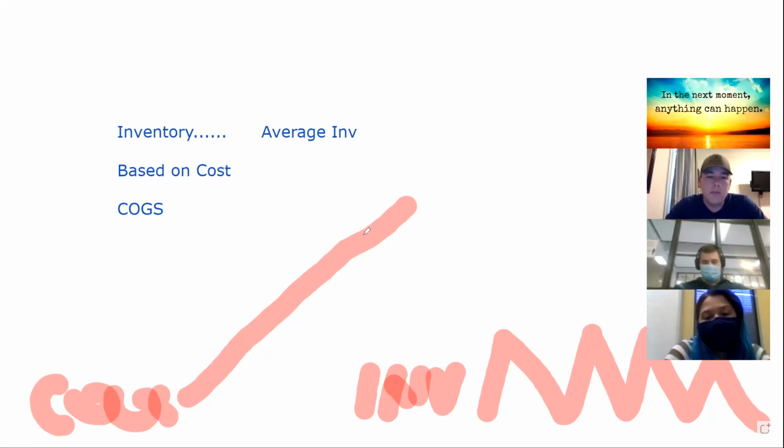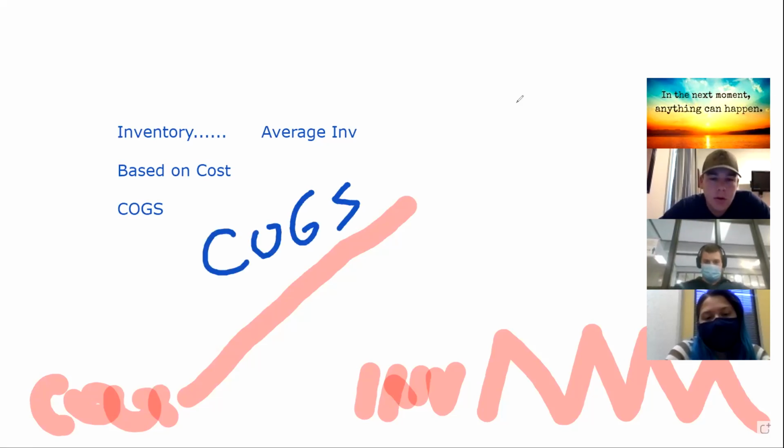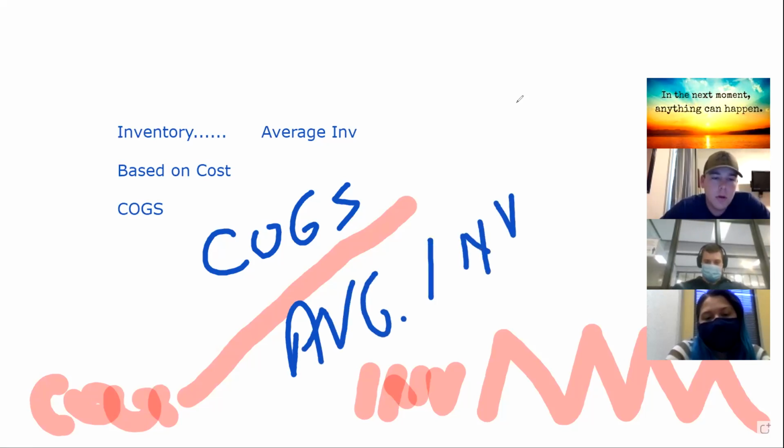So we put the bigger number in the numerator and the smaller number in the denominator. So we're going to have our cost of goods sold in the numerator and our average inventory in our denominator.